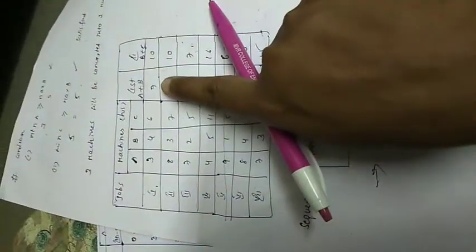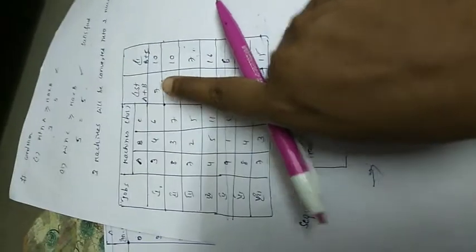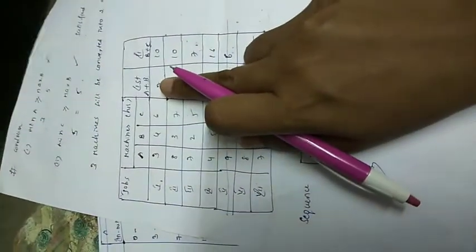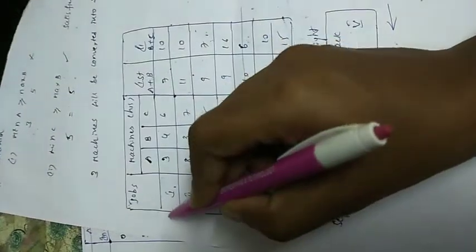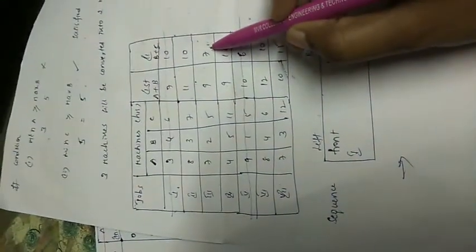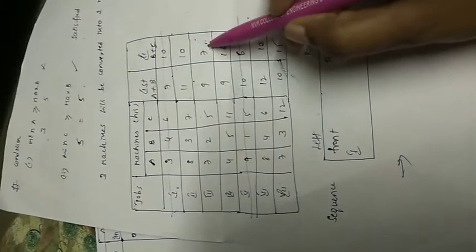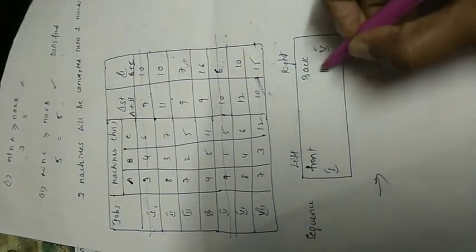So 7 is the first machine, first job, that is why I will prefer this 7. Since it is in the first machine, I will prefer the left side. Just cancel this, and another 7 is here. This is the second machine, which is the right side. So that is the third job, I will take third.